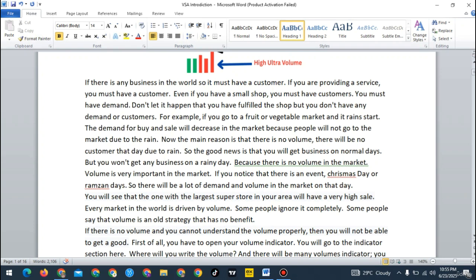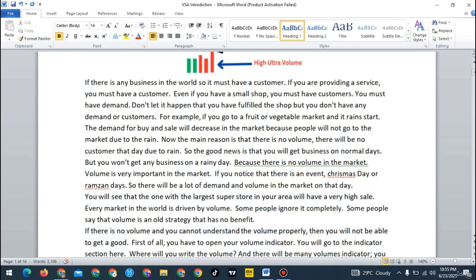For example, if you go to a fruit or vegetable market and it starts to rain, the demand for buying and selling will decrease in the market because people will not go to the market due to rain. Now the main reason is that there is no volume.